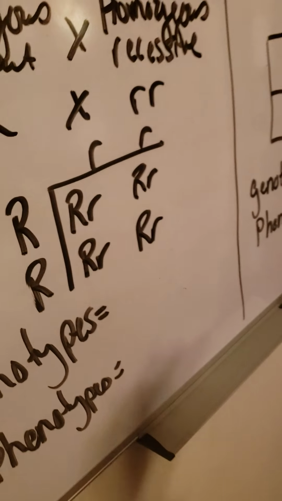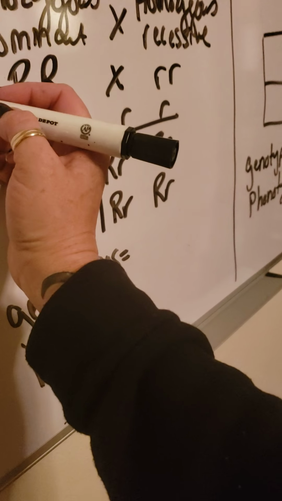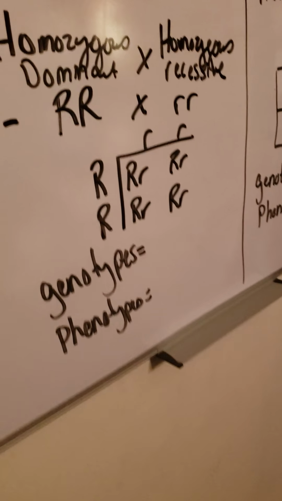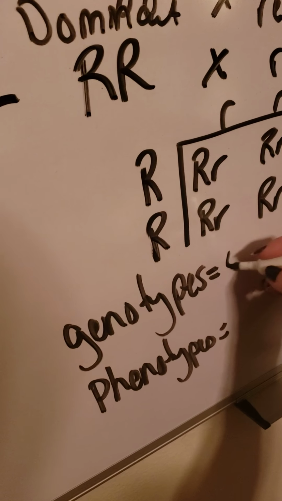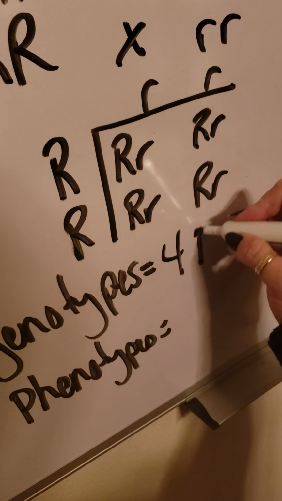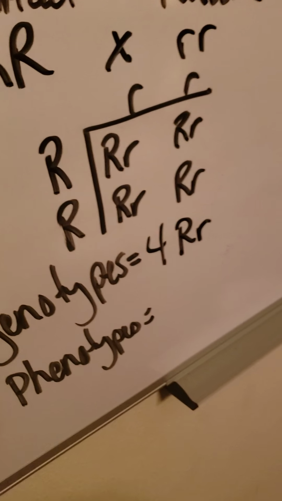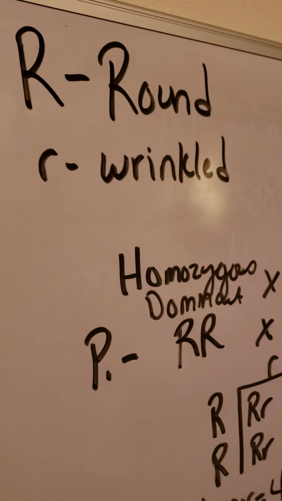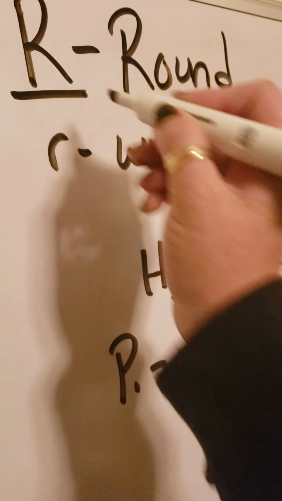All right, so if we cross two purebreds, this is going to be the parent generation, we get all hybrids. So the genotypes within our Punnett square for this one, we are going to have 4, or 100%, however you want to write it, heterozygous. And they're all going to be round because they all have the dominant allele. And the dominant allele is your uppercase.